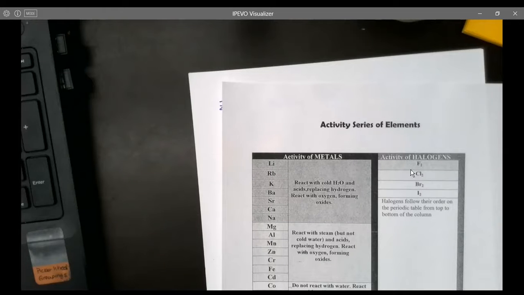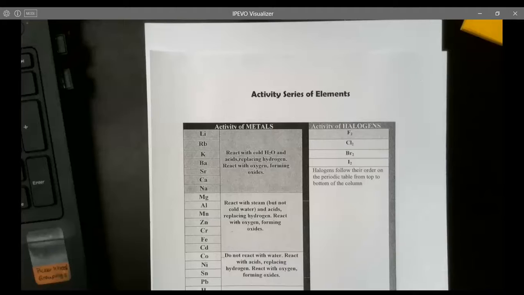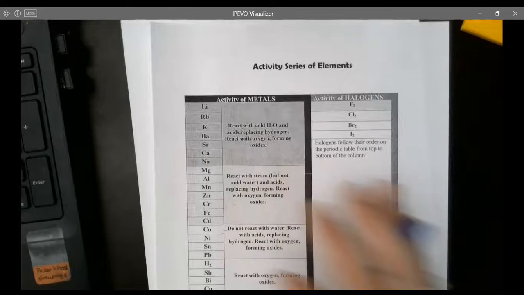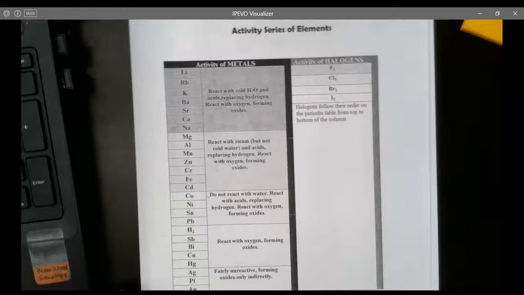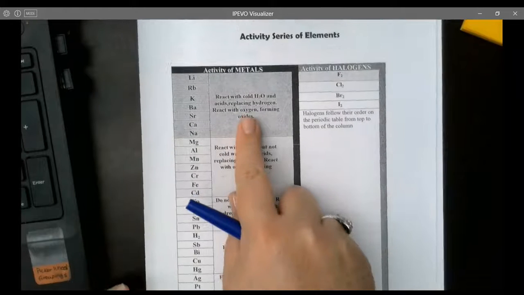Hey guys, okay, so we're going to look at activity series again. We just went over it in our last video about how to use the activity series of elements. You have a chart on page 11 in your packet of the activity series.